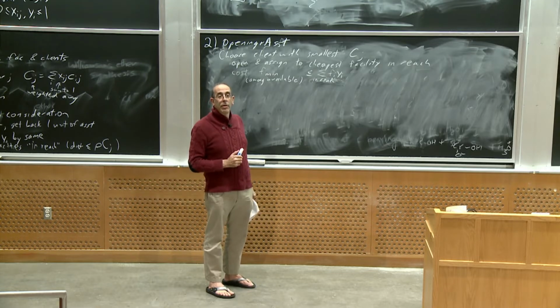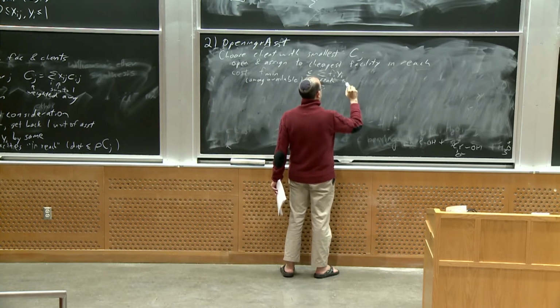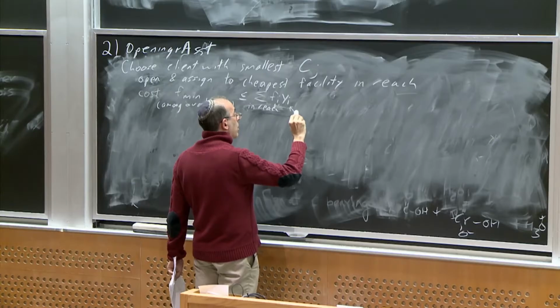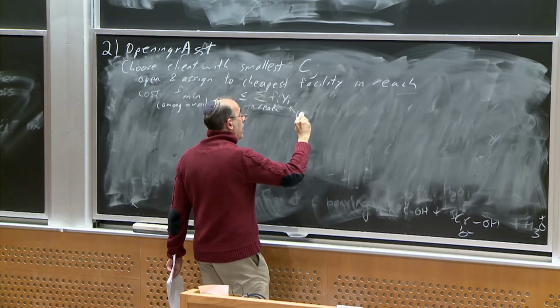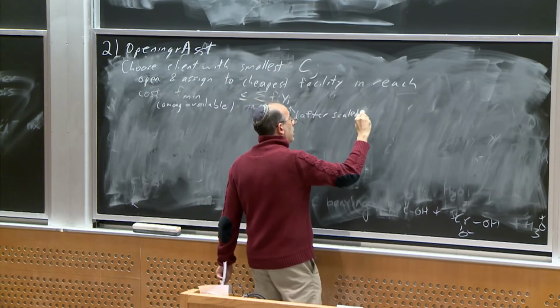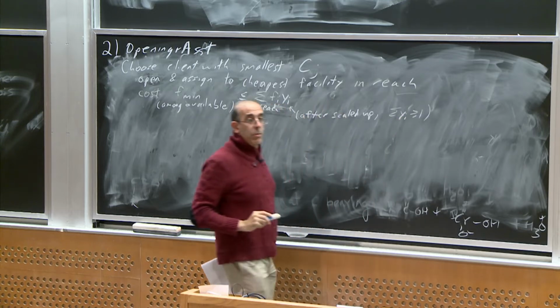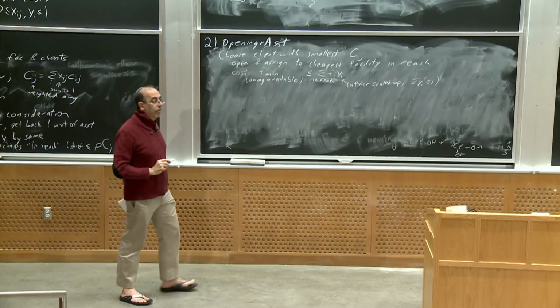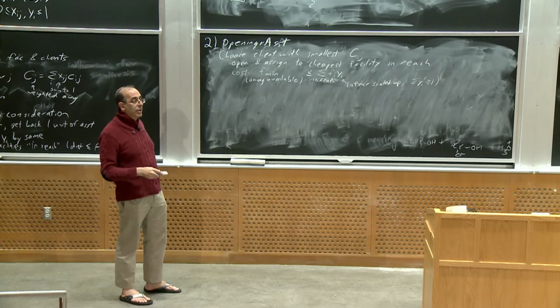Yes? The right-hand side is at least some weighted average of the FIs. Exactly. The reason is that we increased the YIs, so after we scaled them up, the sum of the YIs is at least 1. Right? We still have this particular client fractionally assigned to at least one facility.